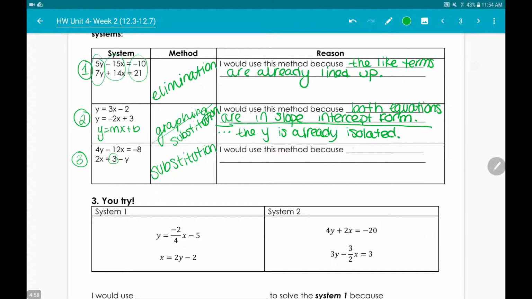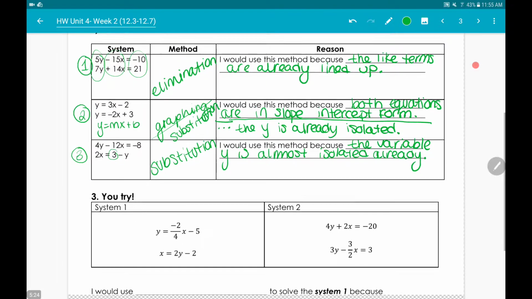And I would use that because the variable y is almost isolated already. So again, we're just making an argument for which one is the better option.